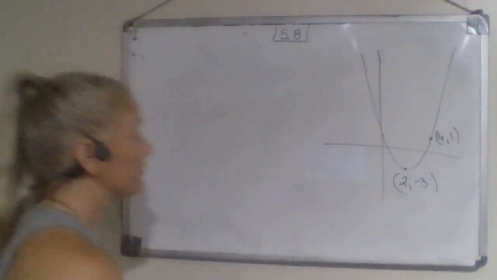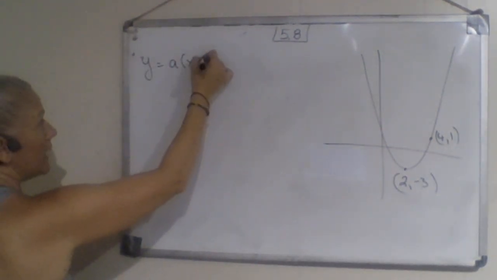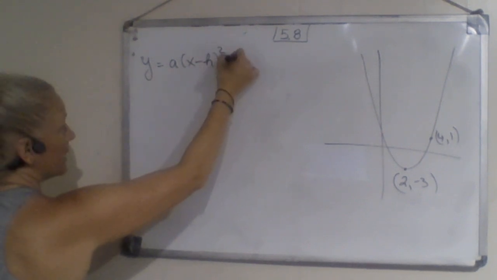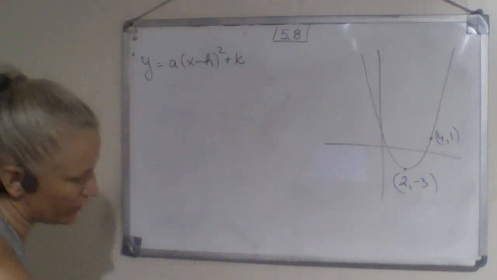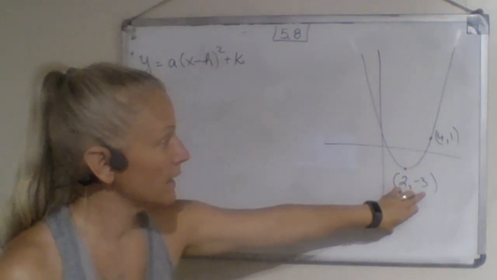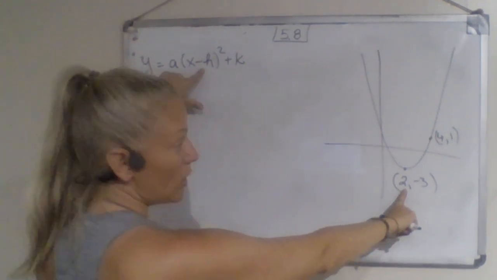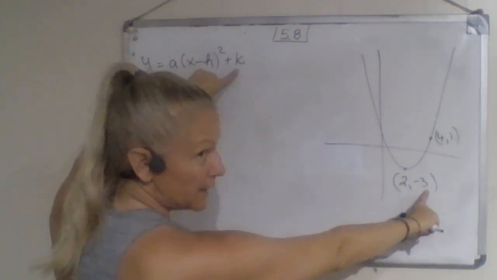Okay, vertex form. Y equals a, x minus h, all squared, plus k. That's your vertex form, okay? We know the vertex. Vertex is 2 and -3. These are right here. And we said in this case, we will always change the sign of the h. The k will stay whatever it is.